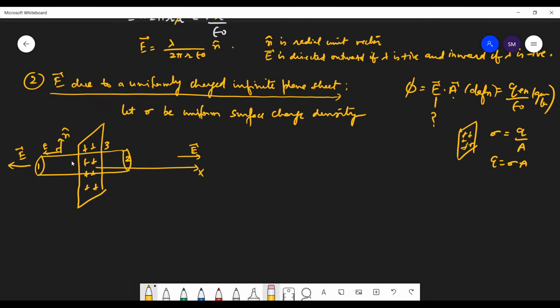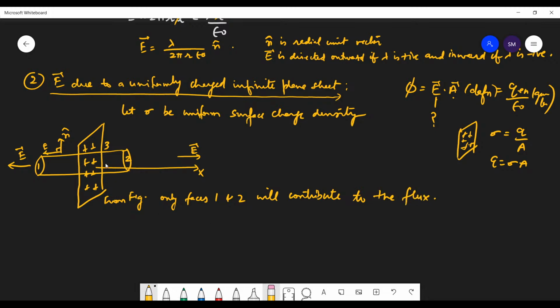So from the figure, only faces 1 and 2 will contribute to the flux.